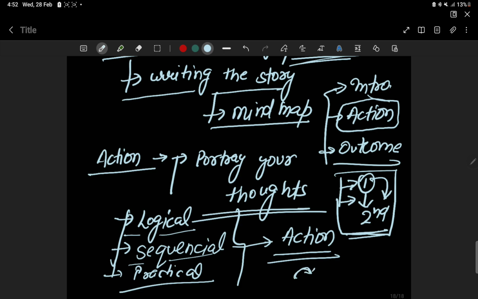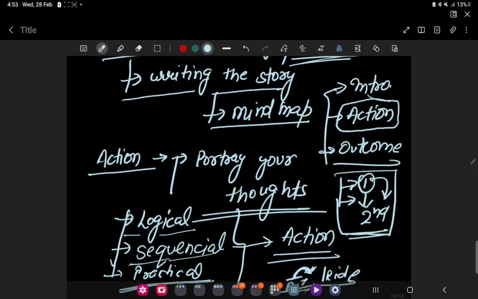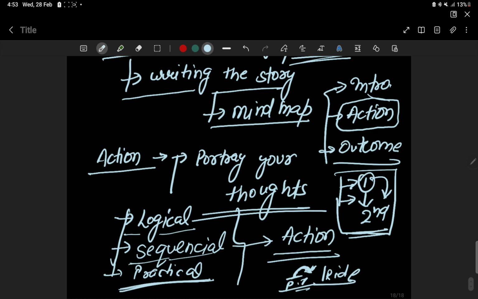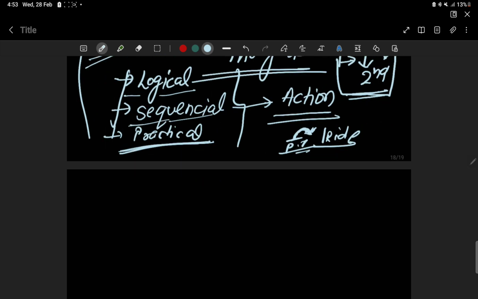For going to the police station, you need to take public transport, or you need to take a ride. I'm just giving you an example that actions should be in a sequential manner. Now practical means that your action should be in a practical form, so that it can be performed in practical life also. These types of actions are important.